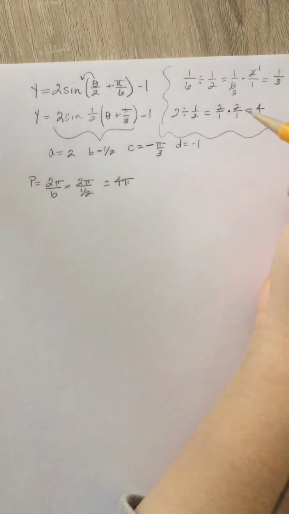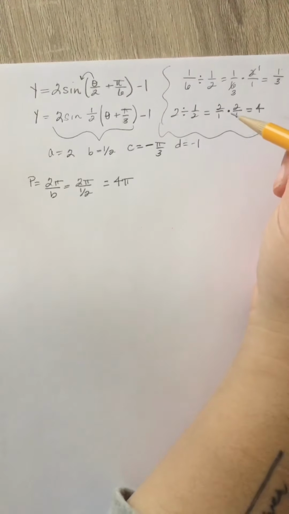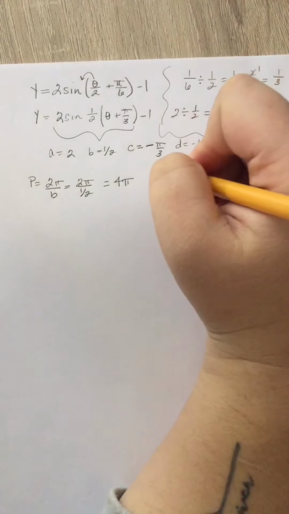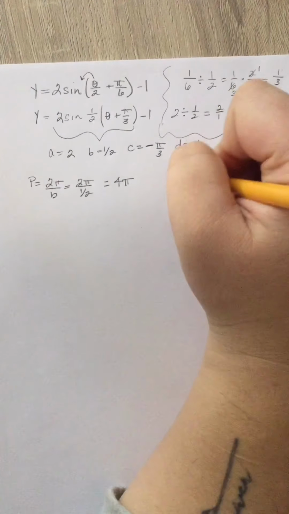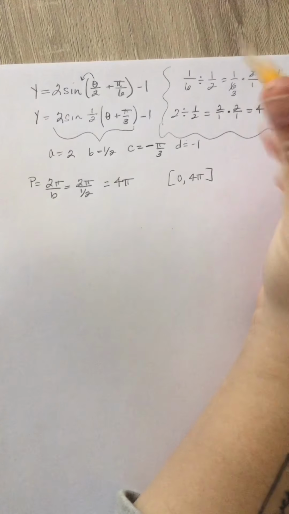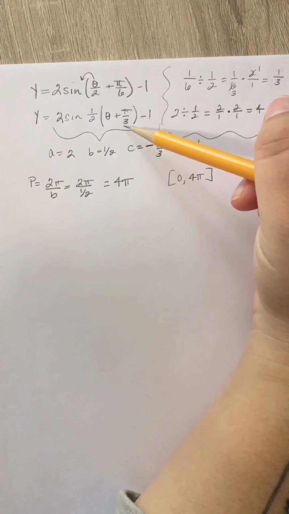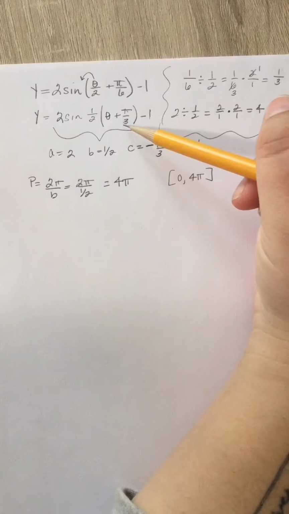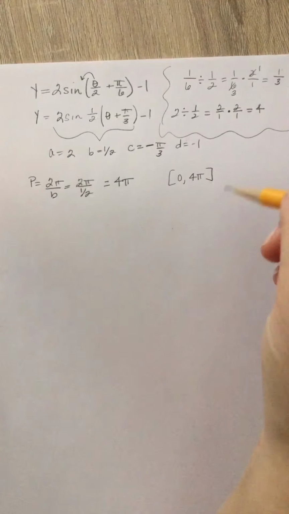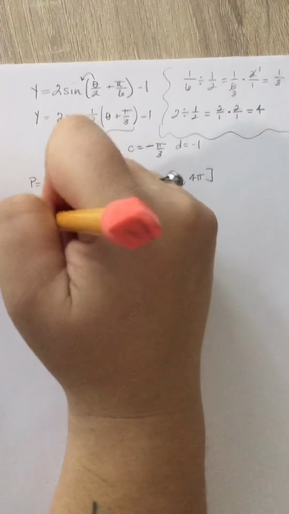If you think back to the parent function of a sine wave, you usually start on the x-axis at 0. So this means your cycle length is going to be 4 pi units. You're going to start at 0 and end at 4 pi. But remember, you do have a horizontal shift of -pi over 3. So we're going to do that right now. That's our phase shift.